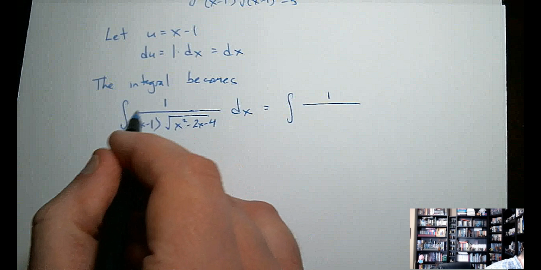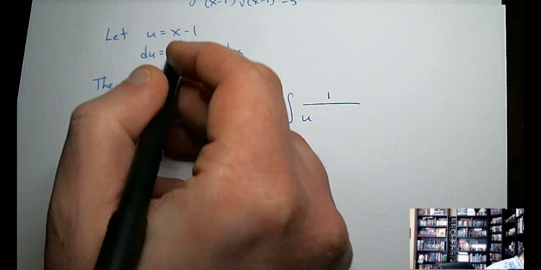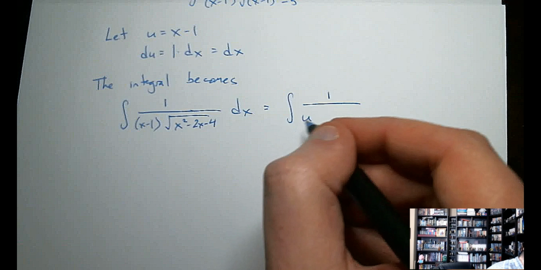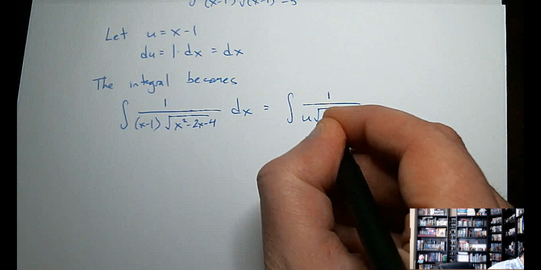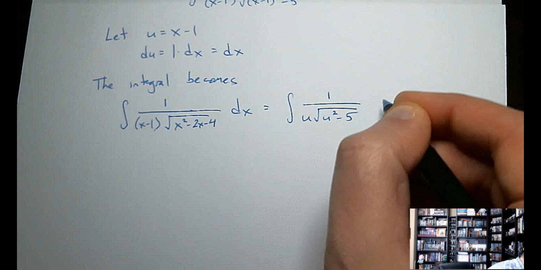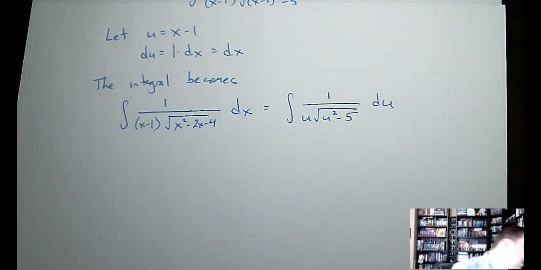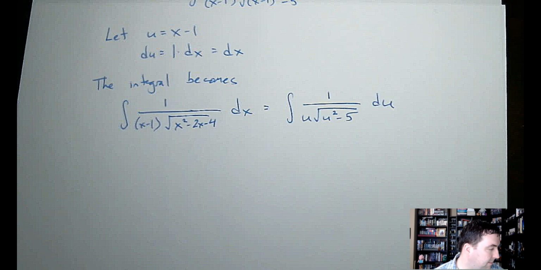And then, like I said, that x minus 1 outside the square root, that's equal to u. And the stuff inside the square root becomes u squared minus 5. And then dx and du are the same thing in this case.